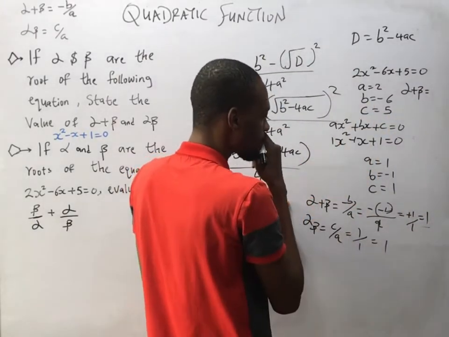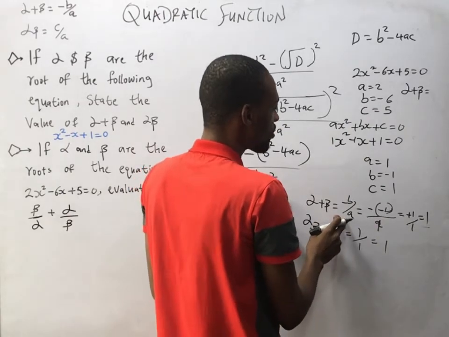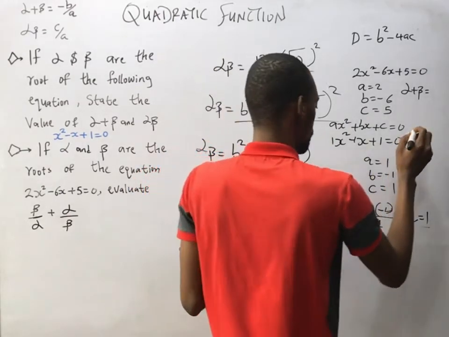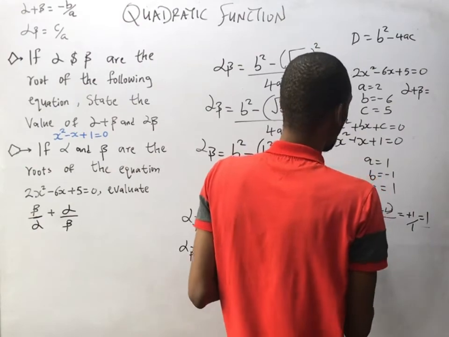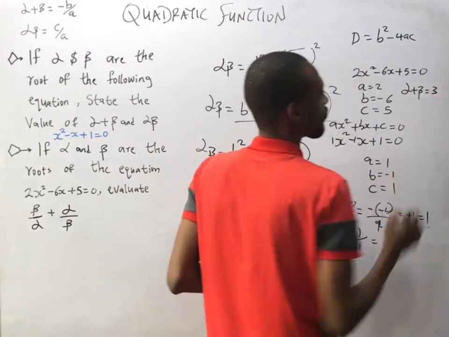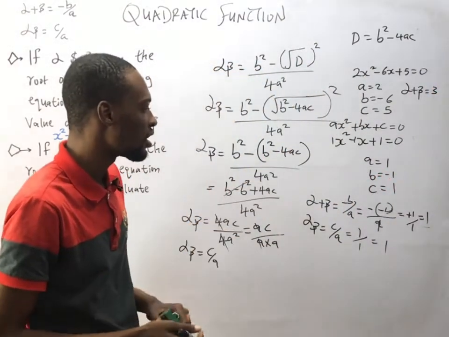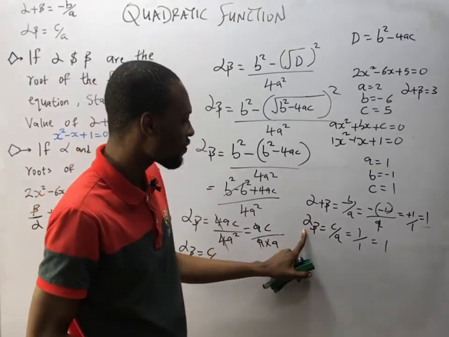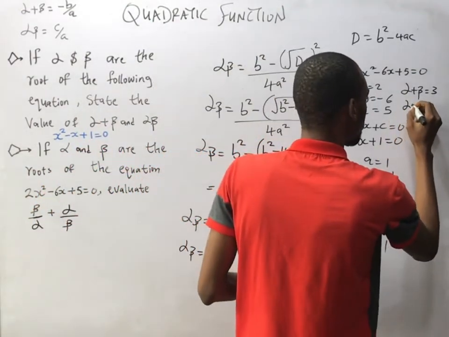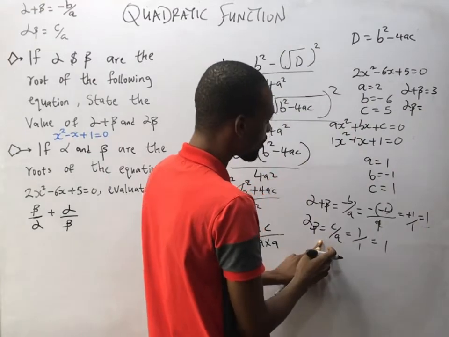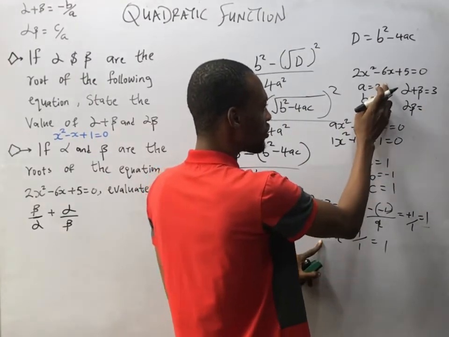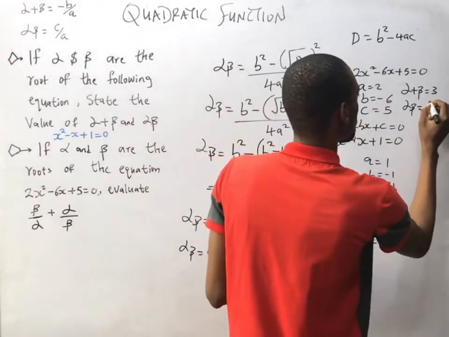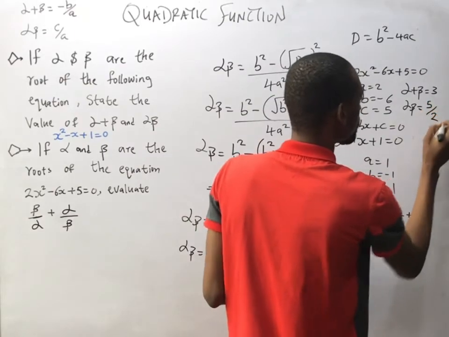B is minus 6, a is 2, so minus times minus is plus, so this becomes 6 over 2, which is 3. Alpha plus beta is 3. If we are looking for alpha beta, it is simply c over a. C is 5 and a is 2. So alpha beta is simply 5 over 2.